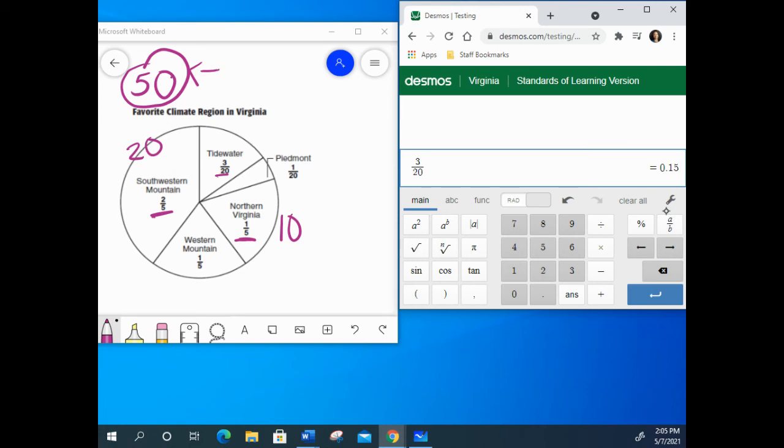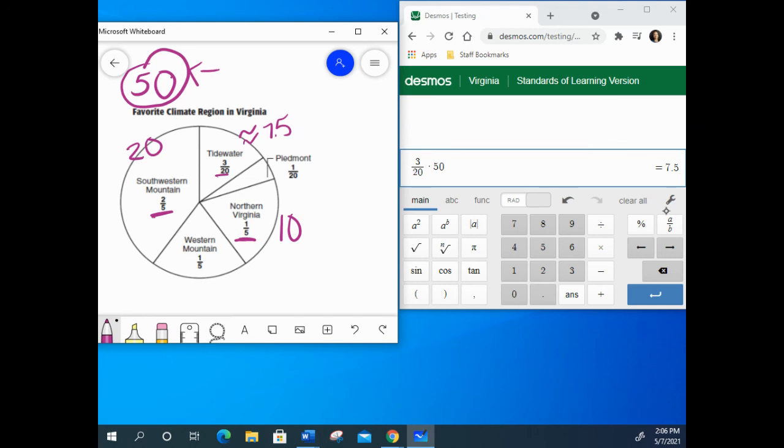I'm going to click outside of the fraction bar, and then I'm going to hit times, and again, it's 50 people that are surveyed. And when I do that, I get approximately 7.5. We can't have halves of people. So I'm just going to use a little approximation symbol here and put 7.5. You could say approximately 7 or approximately 8. That would work for that.